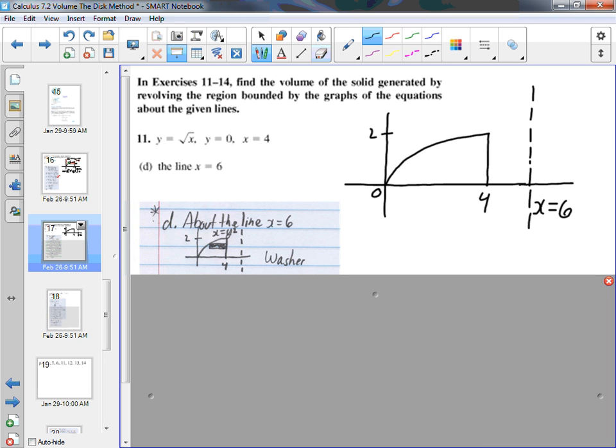All right, you with me so far on the graph? And I really do draw a different graph for part A, part B, part C, part D, because it's always a different figure. It's a different solid every time. Okay, because they change the axis of revolution. All right, the rectangle needs to be perpendicular to the axis of revolution.